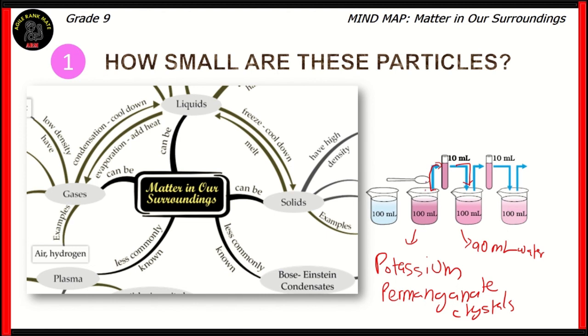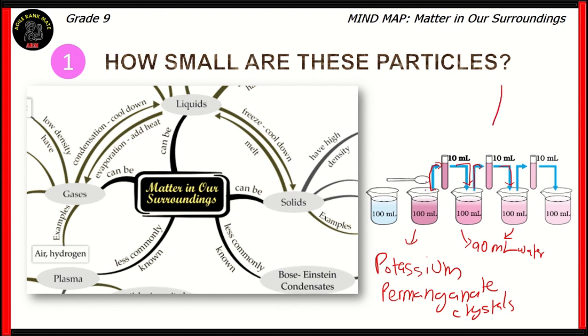If we continue to the next beaker, which also has 90 ml of water, and we add 10 ml from the previous solution, we can see that the color has gone even lighter. And if we continue doing this activity, the beaker would continue to have lighter and lighter colors. However, even if we do it many times, there will still be a little bit of color.